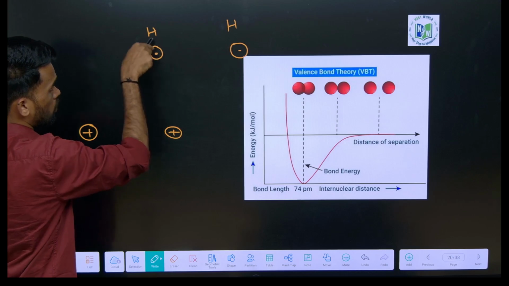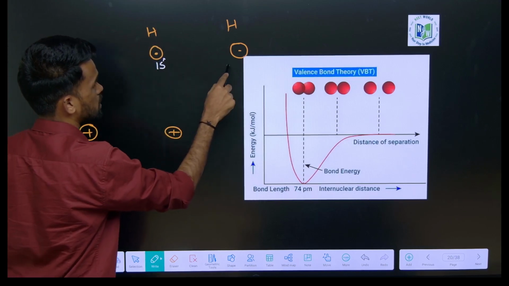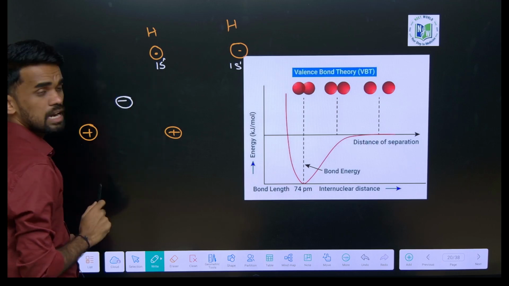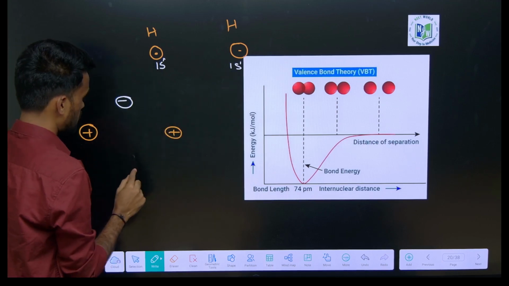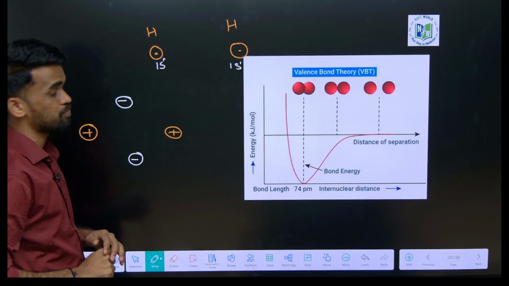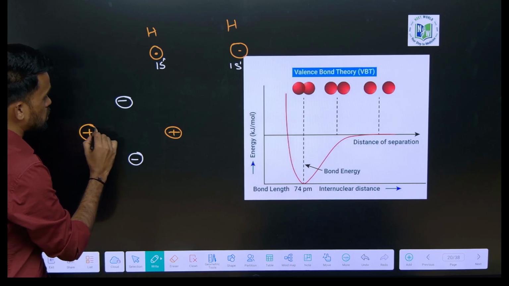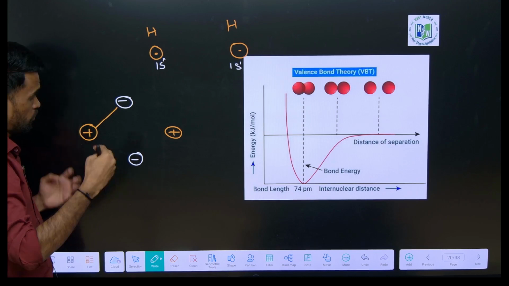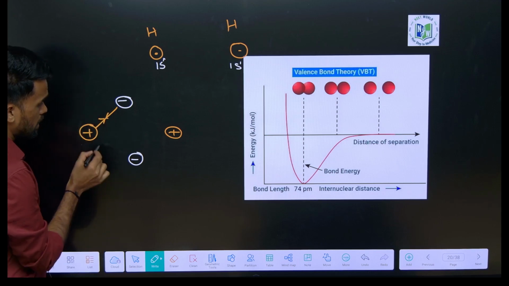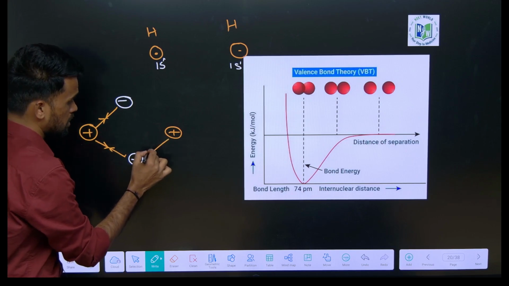Now we have the negative electron cloud, that is the 1s1 electronic configuration for each hydrogen atom. Let us consider this negative charge indicates the electron of this hydrogen atom, and the other negative charge indicates the electron of the second hydrogen atom. Between oppositely charged particles there will be force of attraction.